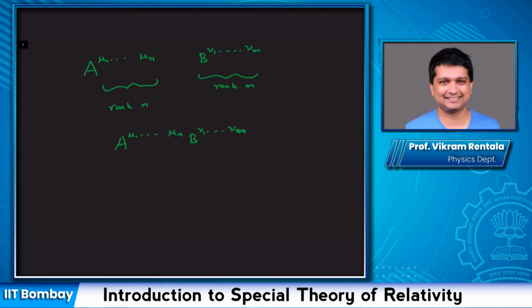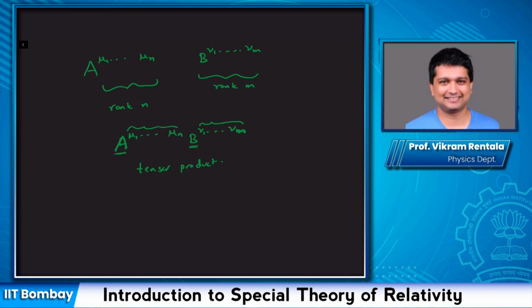It's a multiplication of just numbers. For each value of mu1 through mu n, we take the corresponding component of the tensor A. For each value of nu1 through nu m, we take the corresponding component of the tensor B. And we multiply these two numbers together, and that collection of objects is what is called a tensor product.